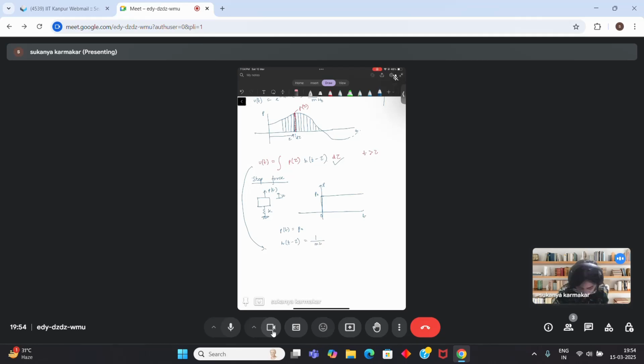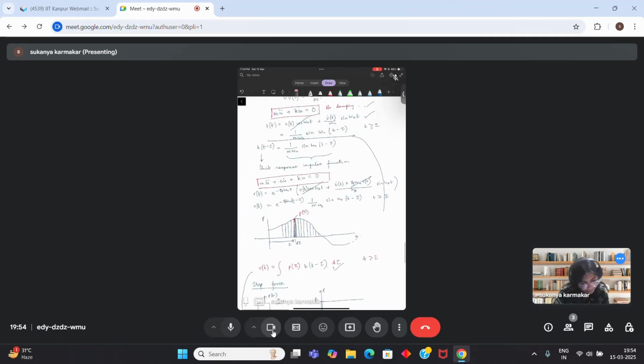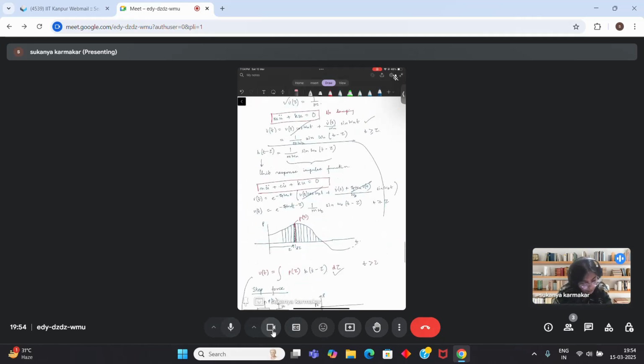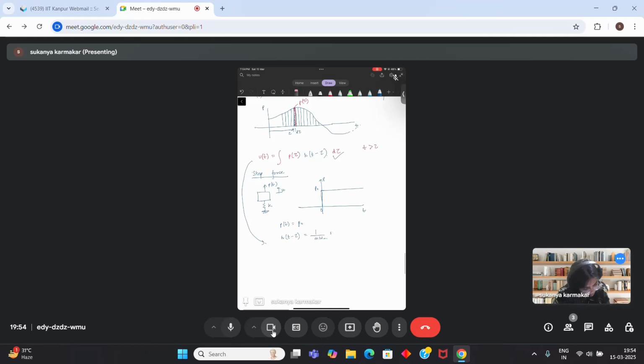It is 1 by m omega n, sine of omega n (t minus tau). Now u of t will be, use this: p of tau is P naught, and h of (t minus tau) is 1 by m omega n sine of omega n (t minus tau), times d tau.